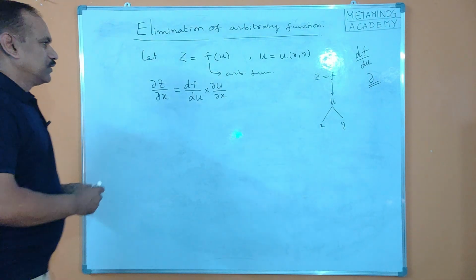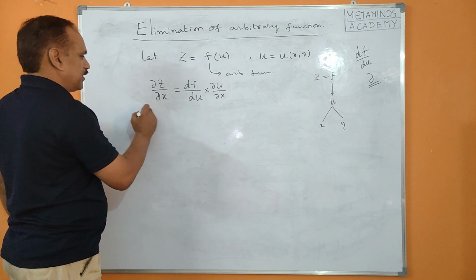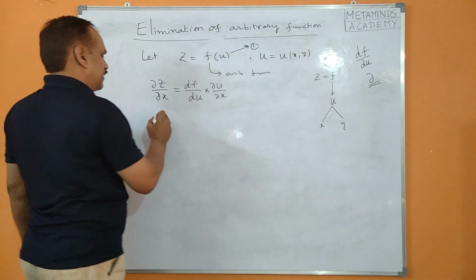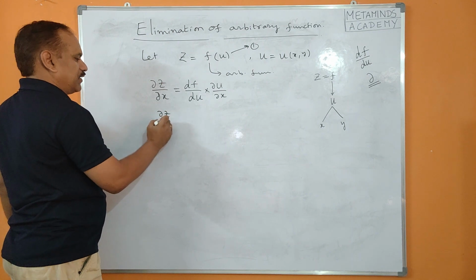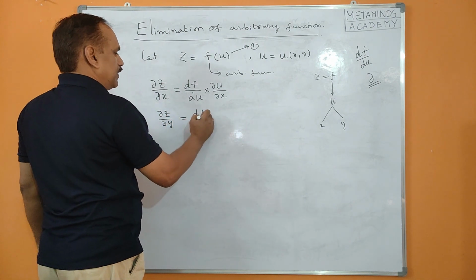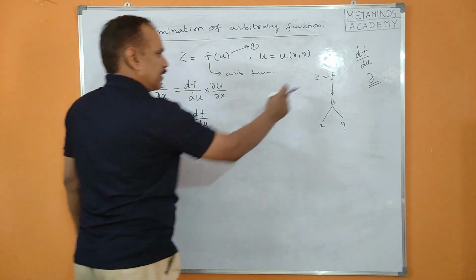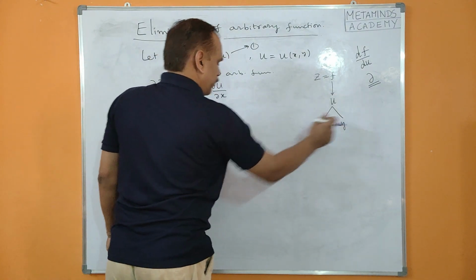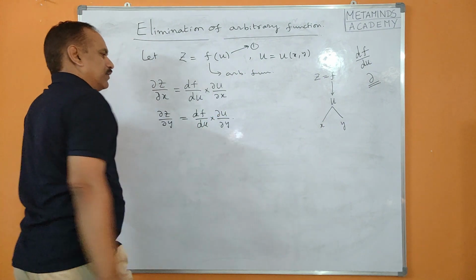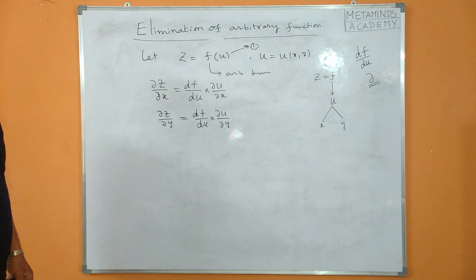Similarly, you can differentiate equation 1 with respect to y. What we get? dou z by dou y equal to df by du multiplied by dou u by dou y.